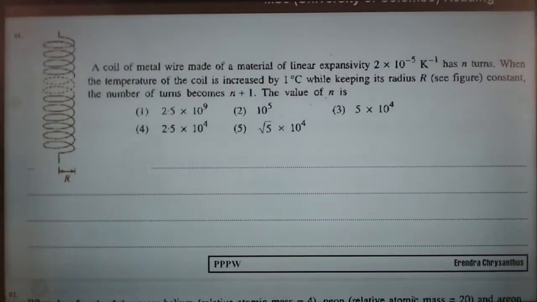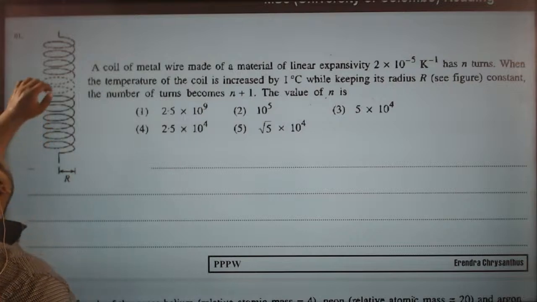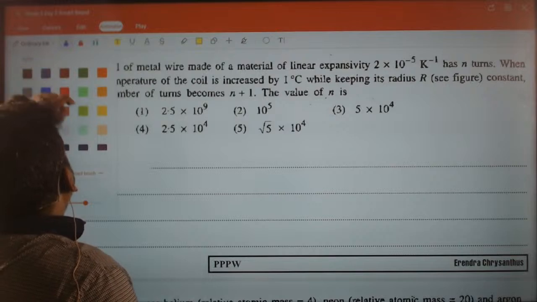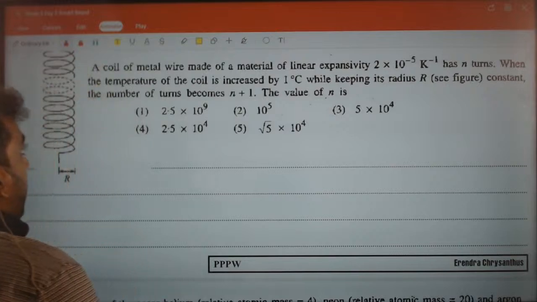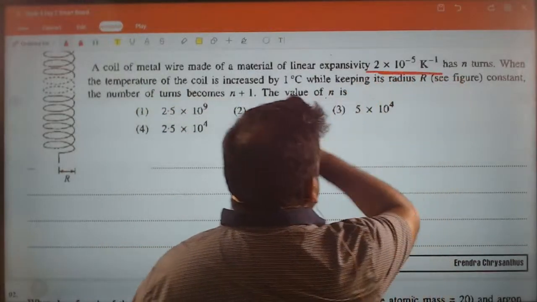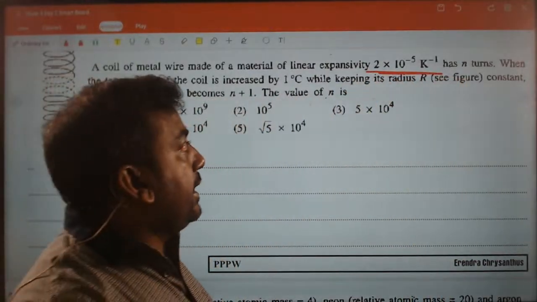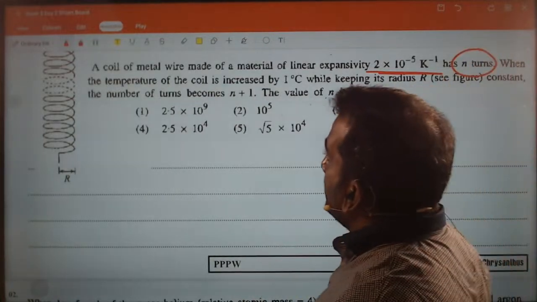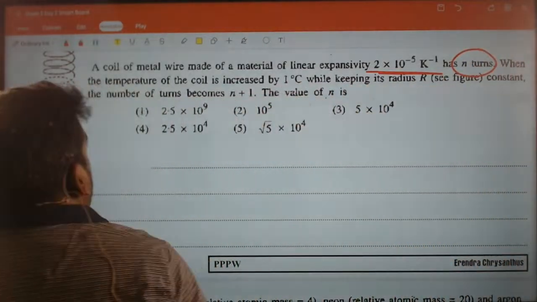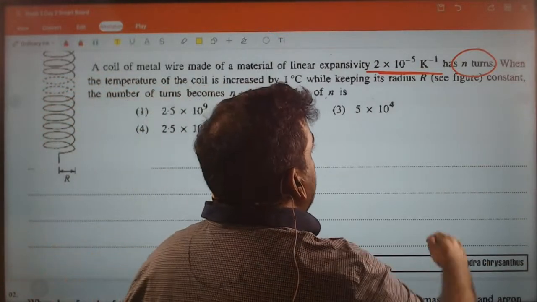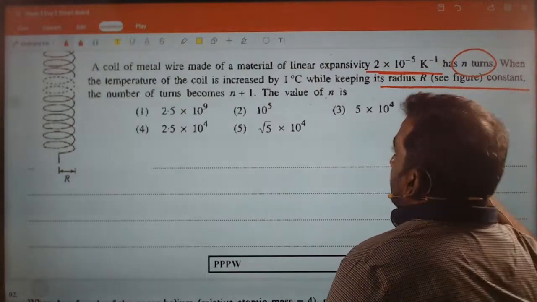A metal wire coil made of a material of linear expansivity 2 × 10⁻⁵ has n number of turns. The temperature of the coil increases by 1 degree Celsius while keeping its radius R constant.